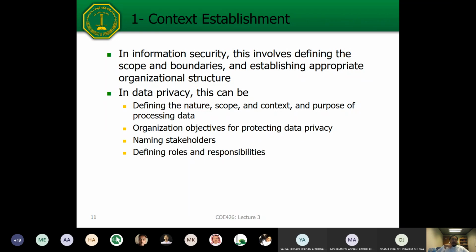As I mentioned last time, almost every IT department in every organization must have a group or department for Information Security. And in that department, there is always a group called GRC, Governance, Risk Management, and Compliance, where they oversee the compliance of the IT department or the organization in general with data protection law.